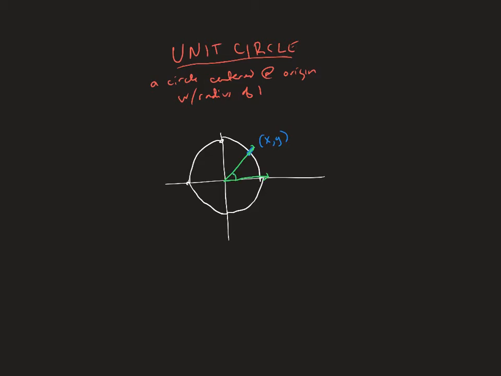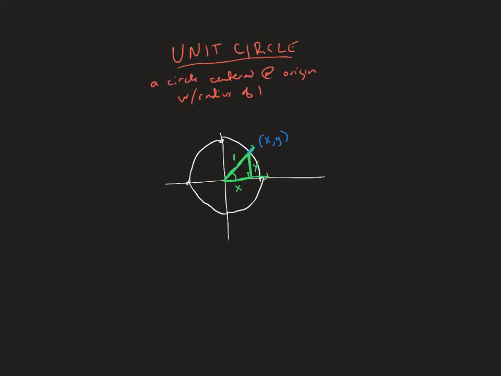So if I were to drop that perpendicular, I've got my right triangle. So if I look at this triangle that's formed, remember before we've been talking about the sides being x, y, and r. Well, in this case, the sides are x, the x value to get to that point, y, and the r this time, instead of being r, is going to be 1 because this is a circle of radius 1. Now, why is that significant?